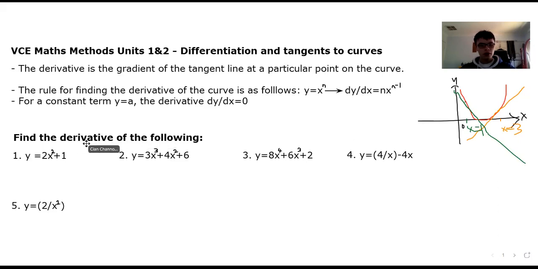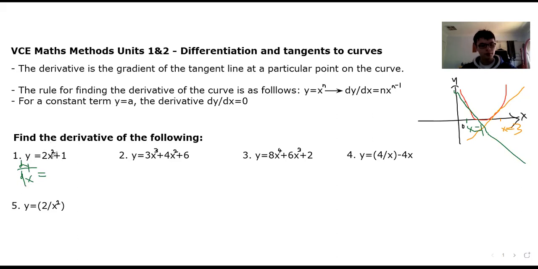So let's have a look at some questions now. Let's have a look at the first one. So we have y equals 2x to the power of 2 plus 1. So we want to find the derivative of that. So we do dy/dx equals, sorry about my messy handwriting, it's not very good on here, so please forgive me for that. But let's find the derivative.